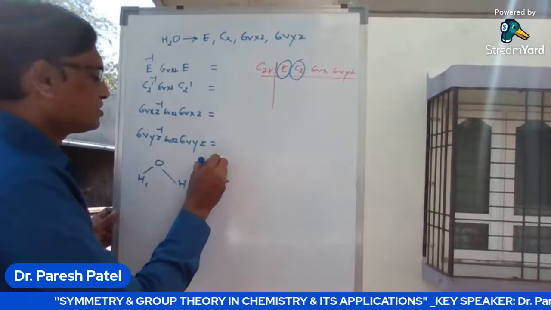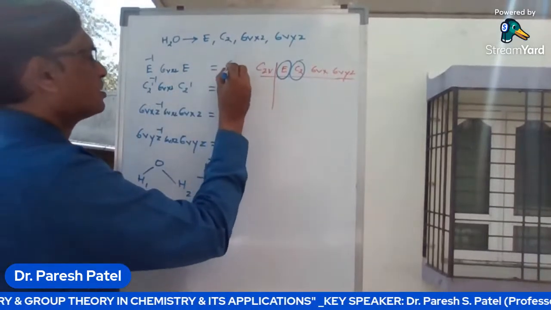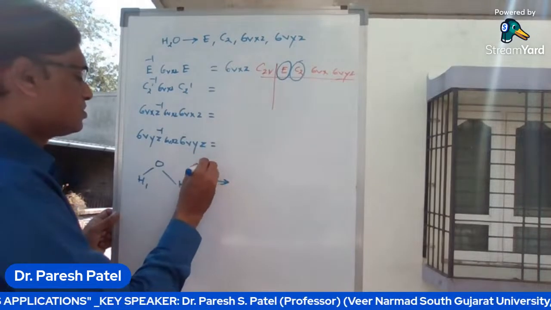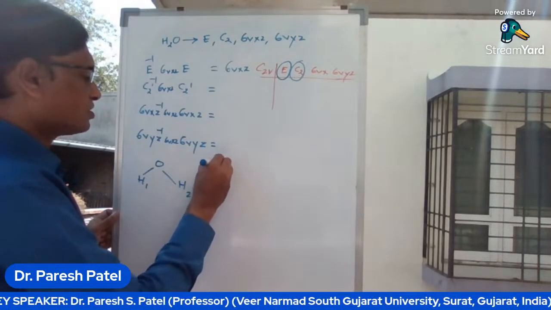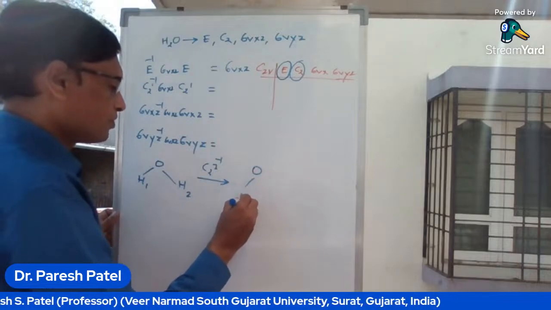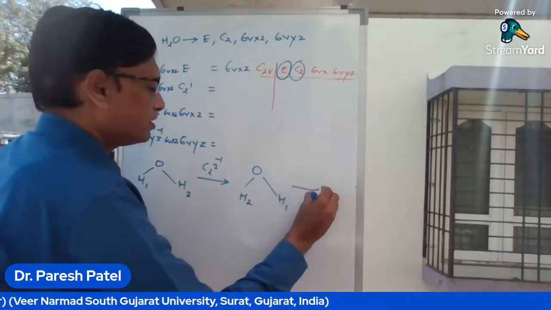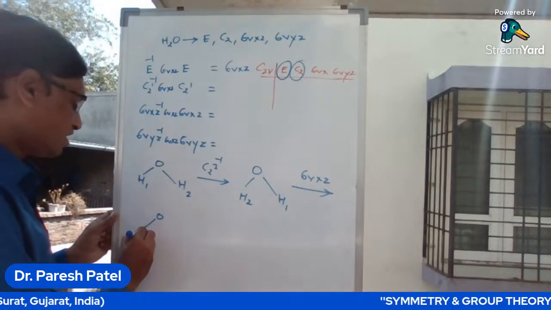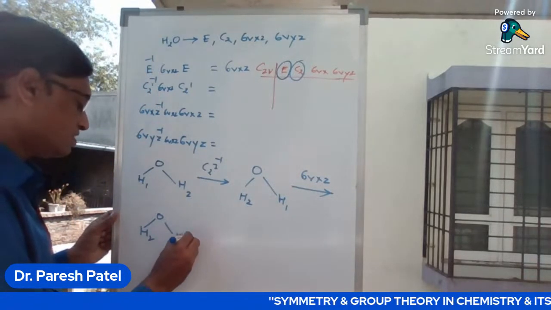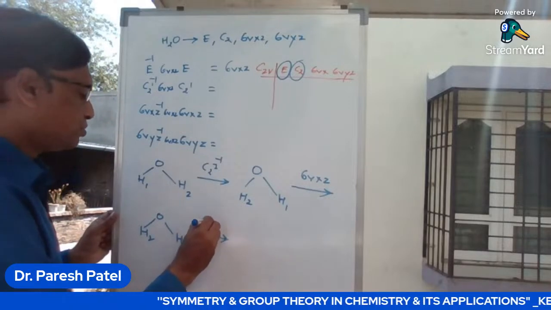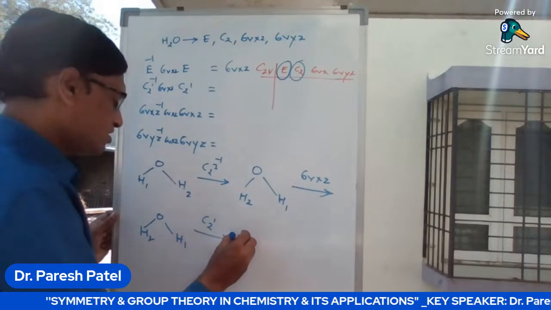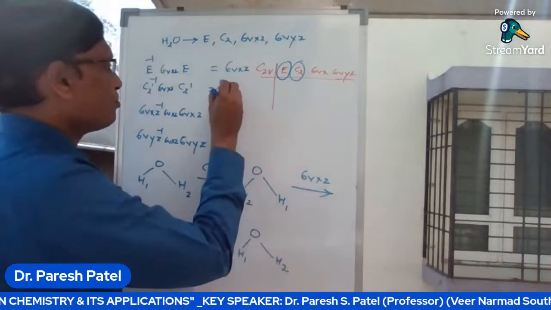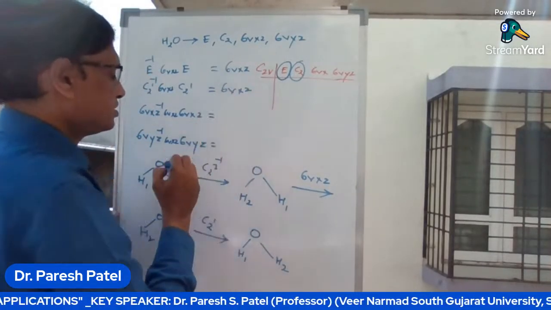First, E inverse, sigma v xz. The answer will be the sigma v xz. C2 1 inverse or C2 inverse, both are the same. So 2 and 1. Then sigma v xz. If you operate sigma v xz, there is no change, so 2 and 1 as it is. Then again C2 1. So the overall result is the same. If you operate sigma v xz, there is no change.